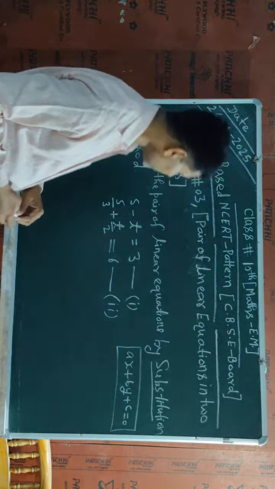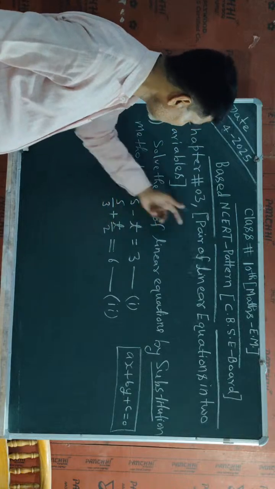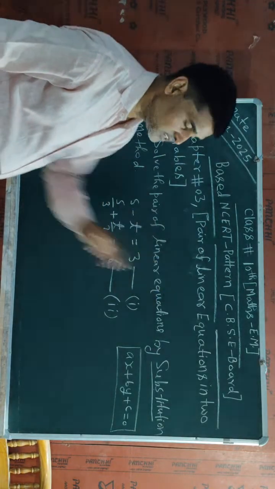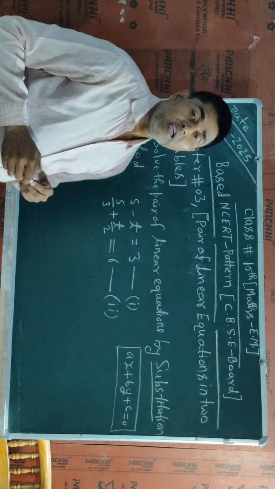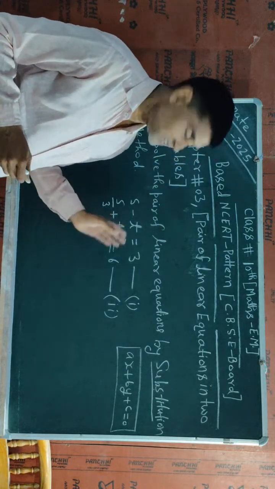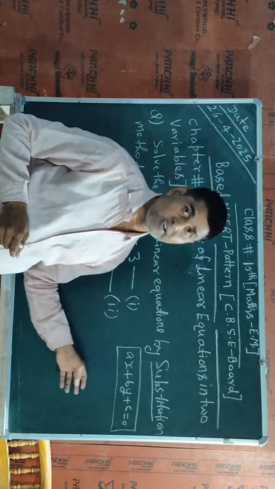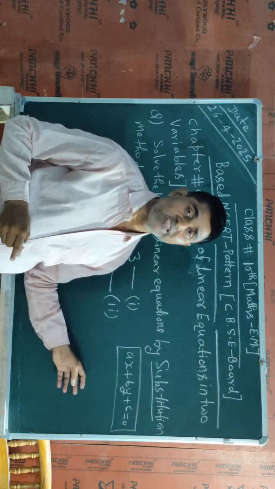Now further I am going to check, because I know that for a pair of linear equations in two variables, there are 3 conditions available. One condition is that a1 divided by a2 is not equal to b1 divided by b2. In this case there is one solution.